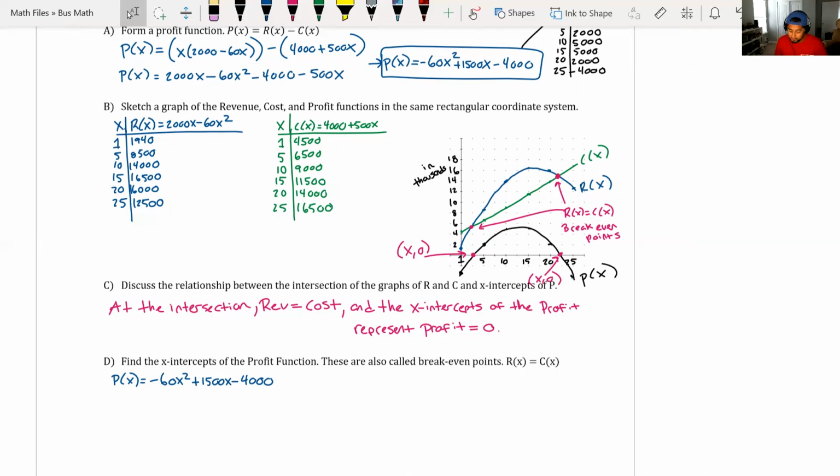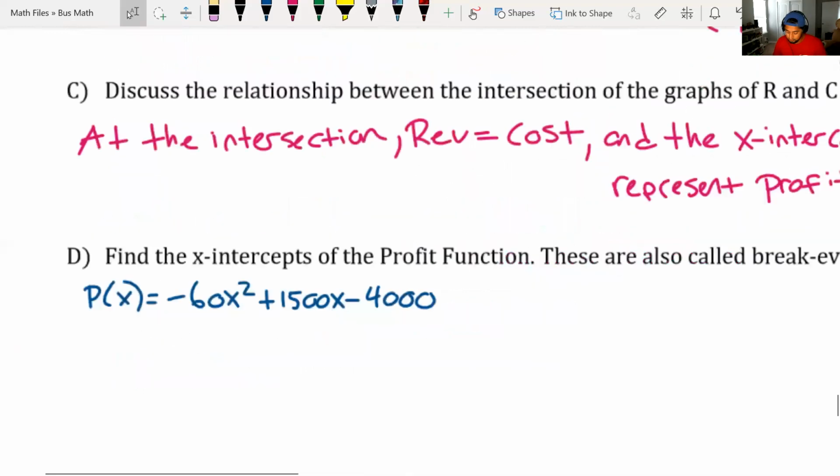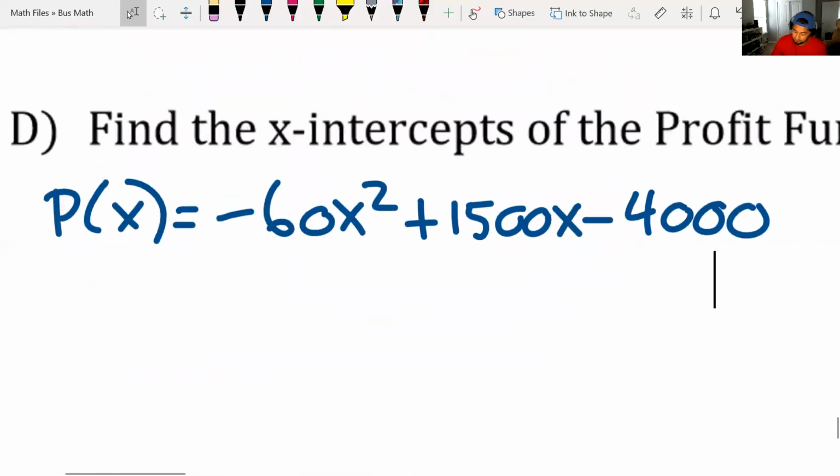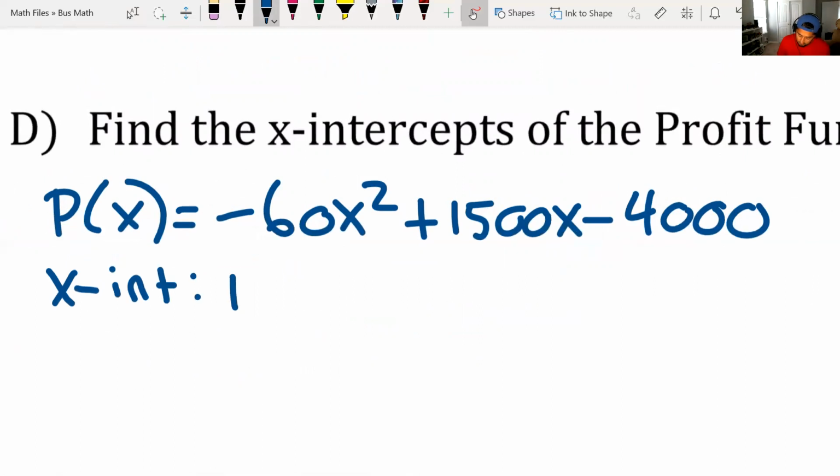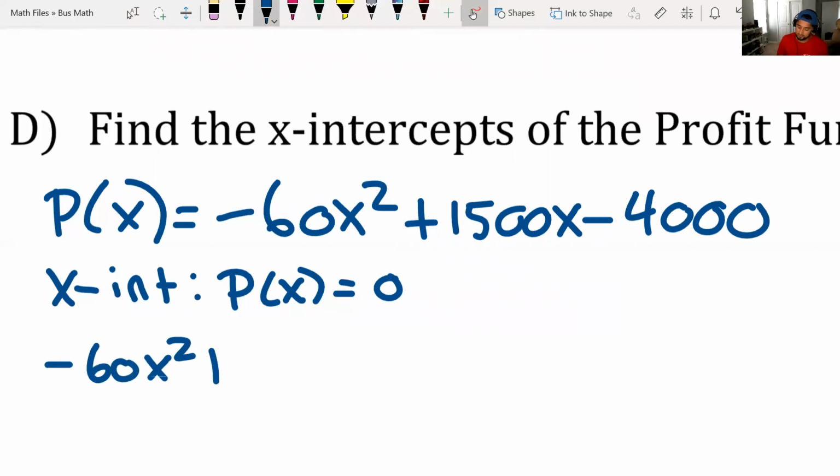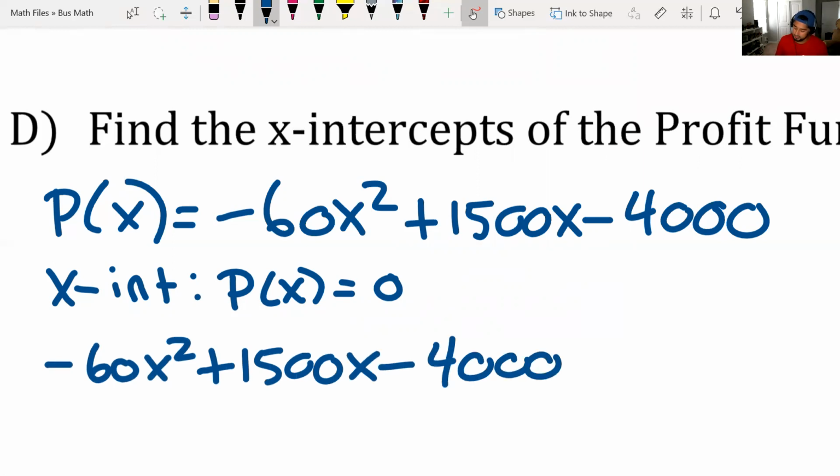And let's see what happens when we do that. So you set P of x equal to 0, which means negative 60x squared plus 1500x minus 4,000 is set equal to 0, which means we have a quadratic equation.